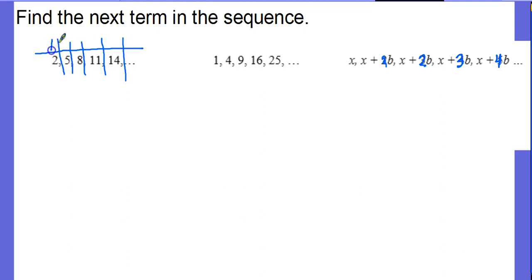And I will put the positions 1, 2, 3, 4, 5, and 6, because I need to focus. 6 is the number I'm working on. I'm doing something to a number 6 to get the 6th term in my sequence. And I will label the top row my N, and the bottom my A sub N. Sometimes it's K and A sub K, but it's the same thing.